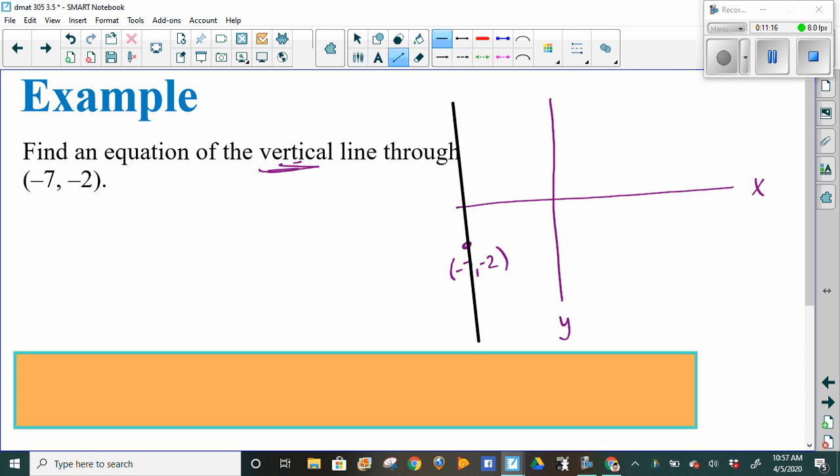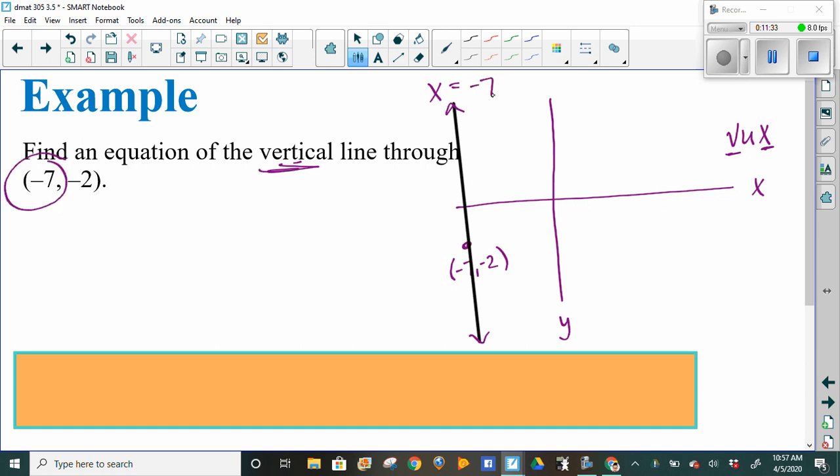So there's the vertical line, and I know my lines are super not straight, but since it's vertical, according to Vux-Hoy, a vertical line has an equation that's x equals. Well, what is x? -7. So your answer is x equals -7. As long as it is a vertical line, your equation will say x equals, and it will equal the x value of your point.